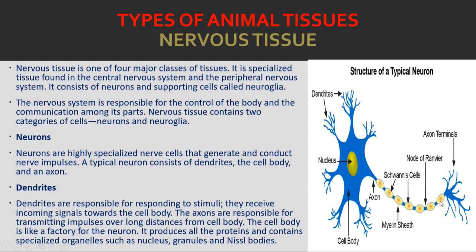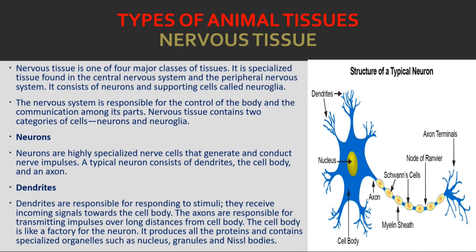This node is the node of Ranvier, named after who discovered it, and these are the axon terminals, in which electrical energy moves and gives the messages.